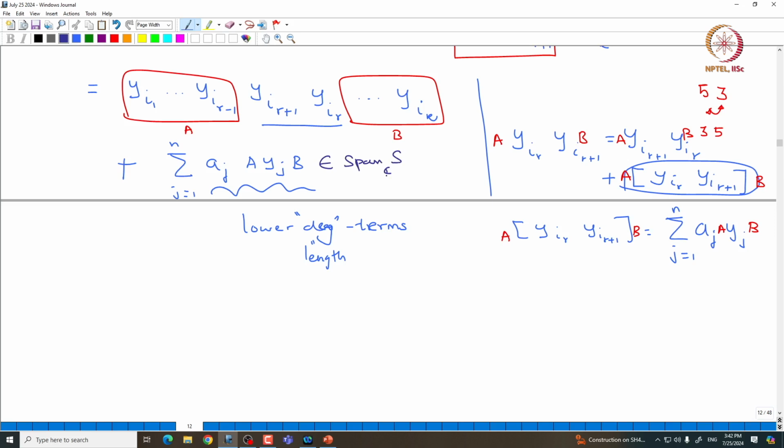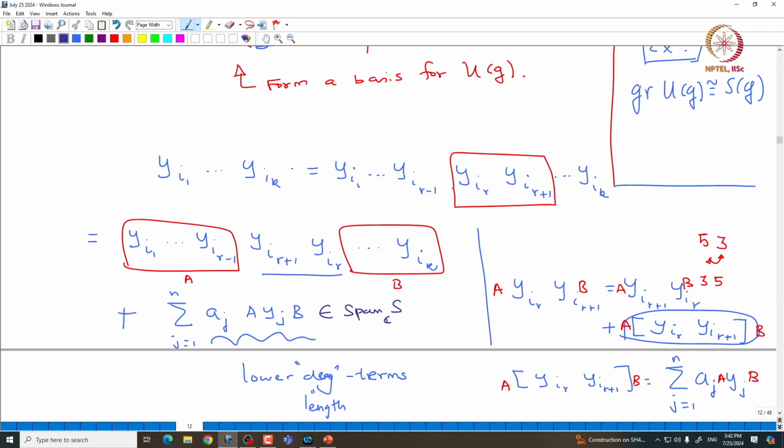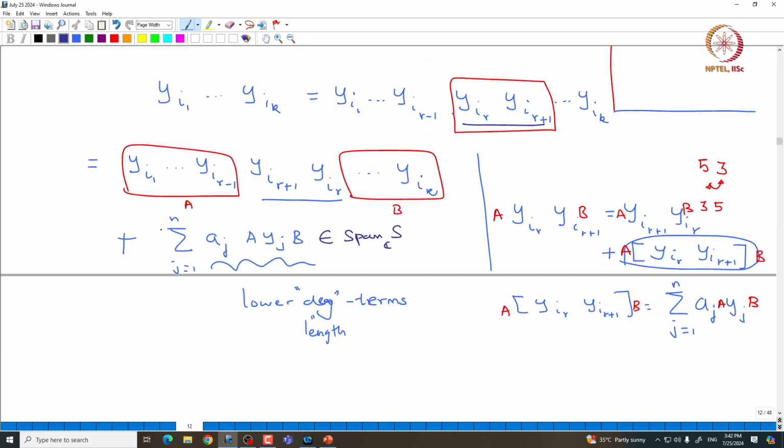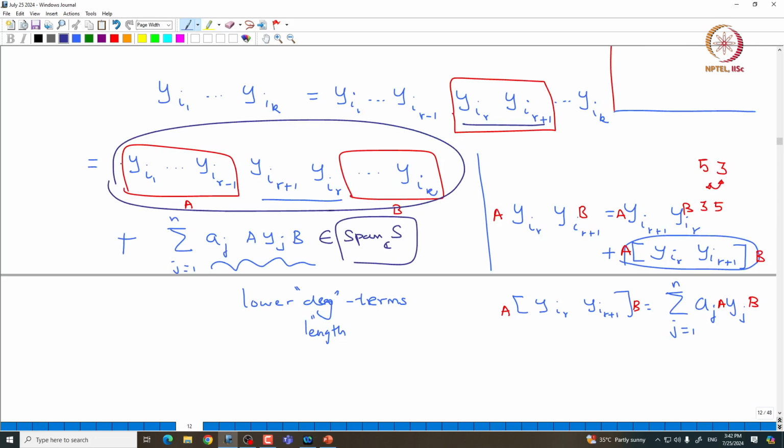Okay. So, now what we have done, in the very first instance where the order is not correct, we could switch and then we can write it as some lower degree terms which are there in the span S. Okay. Now if you take this particular word, again you can do the similar thing, you can read it from left to right.